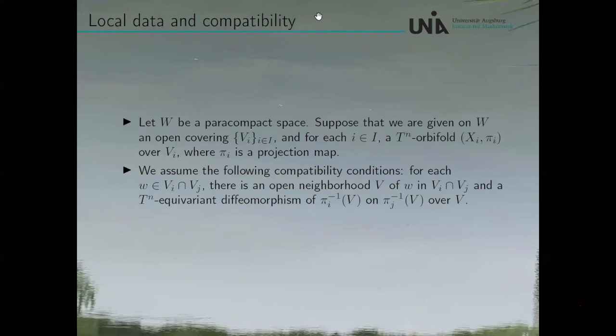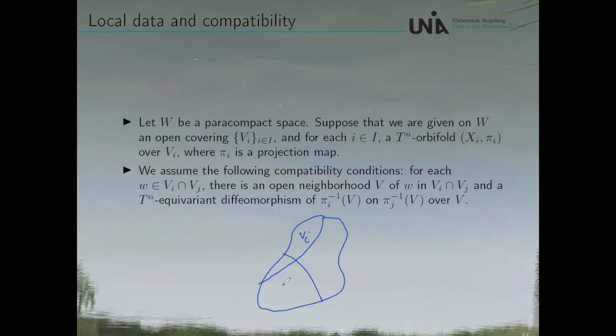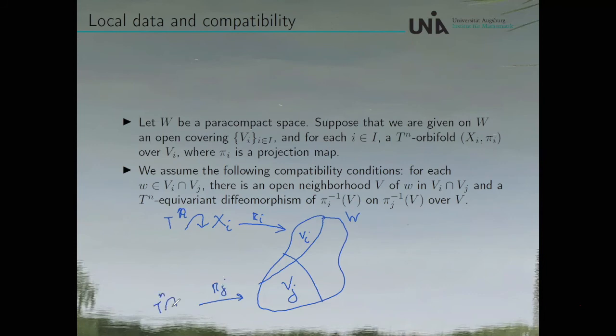It says if I have a paracompact space, a very general situation, and I have a covering for it, V_ij's, V_i's is a covering for this W. And then I have an orbifold with T2 action, T^n, this is for general n. So we can construct for each piece an orbifold.